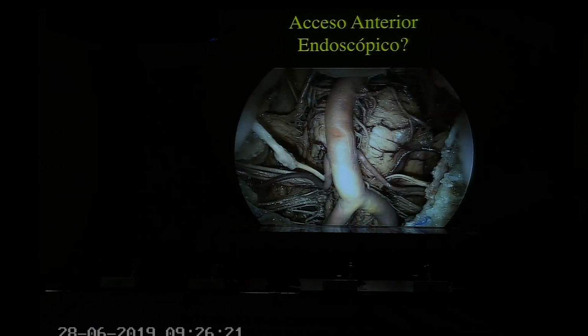This is the endoscopic view in one specimen. I dissected this specimen, and this view can show the disposition of the basilar artery in the midline. Of course, the anterior face of the pons is here. You can see the basilar artery, but where is the corticospinal fiber tract?